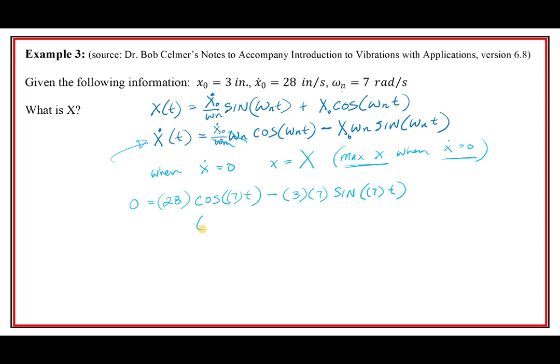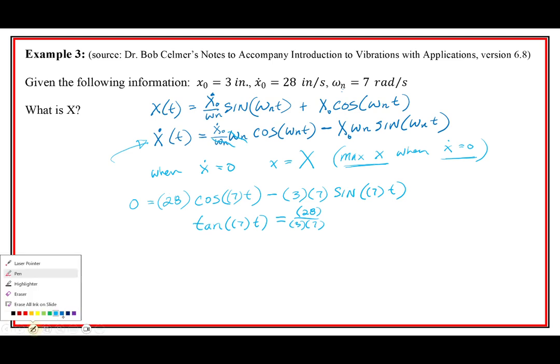So we'll have the tangent of 7t equal to, let's see, did I divide? I think it's 28 divided by 3 times 7, or 21. Make sure that we're using radians.